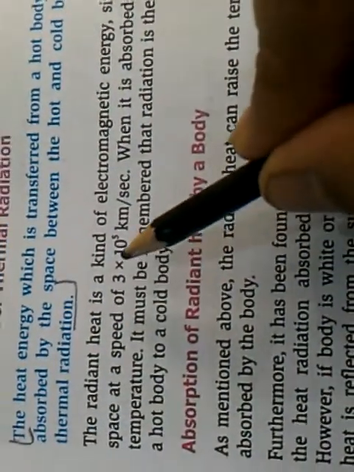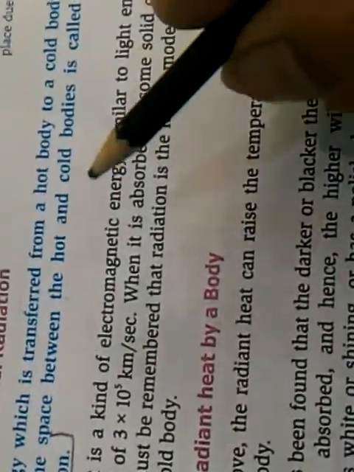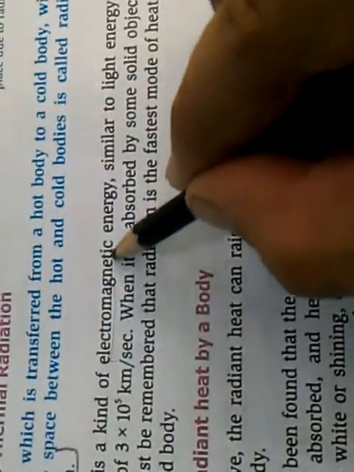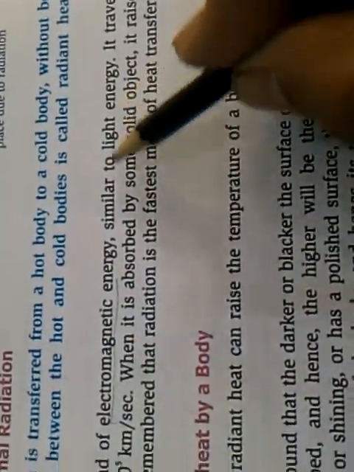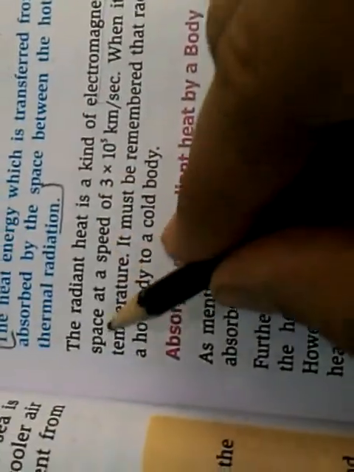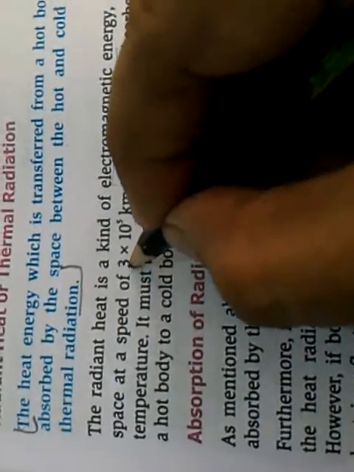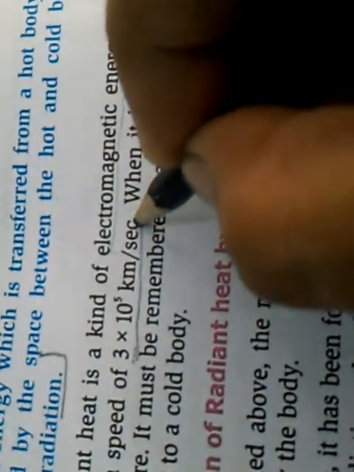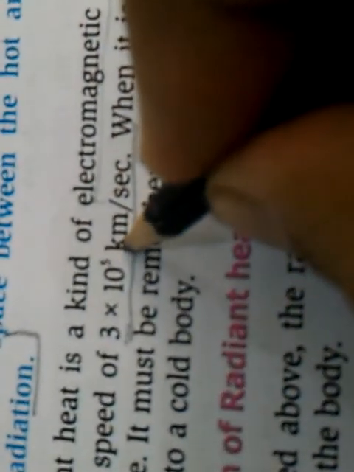The radiant heat is a kind of electromagnetic energy. About electromagnetism you will study in higher classes, and this is similar to light energy. It travels in space at the speed of 3 into 10 raised to the power 5 kilometers per second.